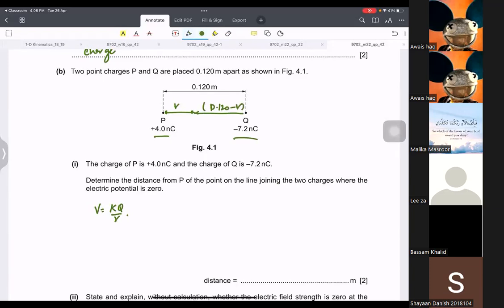So the first potential due to P would be K times 4 nano is 10 raised to minus 9, and R is R, right?